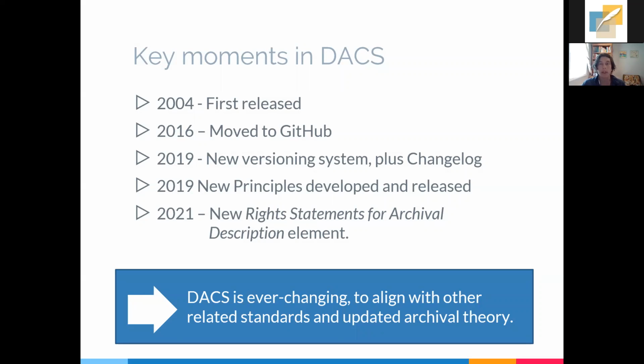The versioning system is also great. That's been in place so that you can see what all the changes in the structure of DACS have looked like. Mostly they're really small little changes, sometimes some wording stuff or some debugging in the GitHub structure where you can see it. But when there's a bigger change, that's also noted in the change log.